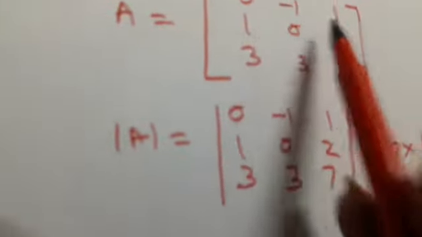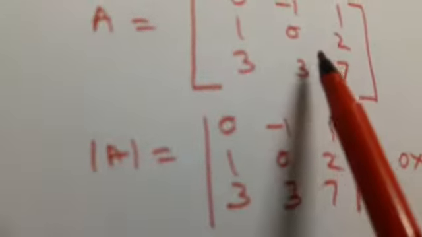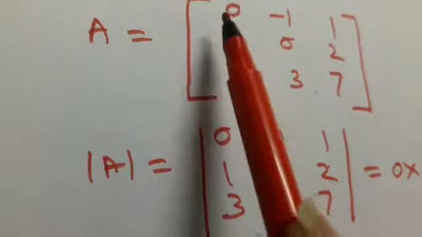Next for 3, the remaining elements are minus 1, 1, 0, 2. Next for 3, it is 0, 1, 1, 2 with negative sign. And last, for 7, the remaining elements are 0, minus 1, 1, 0.